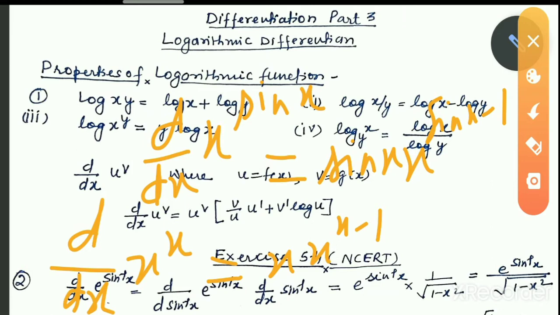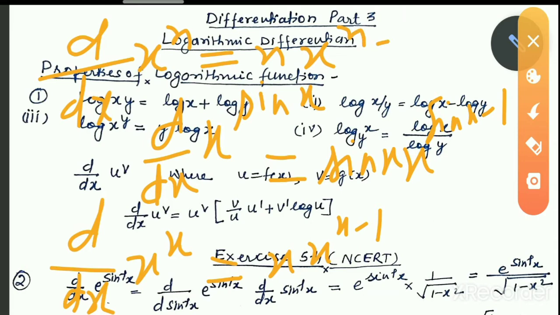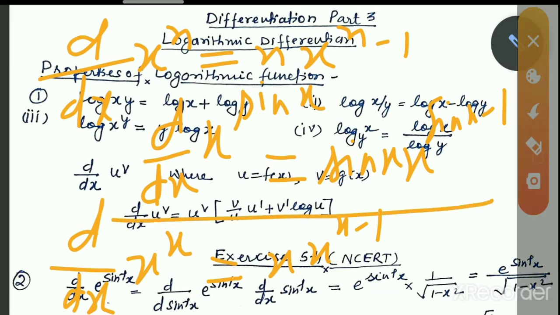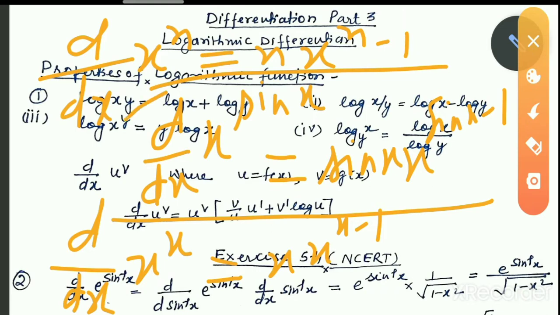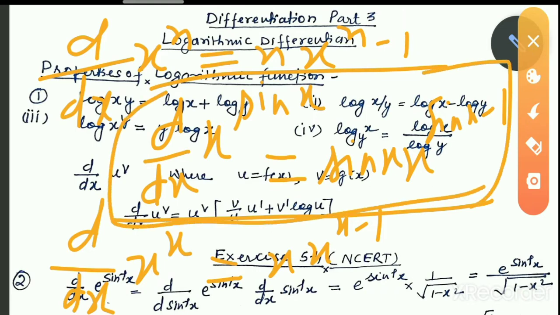Why are they using this? Because in their brain they have fit this formula: d by dx of x raised to the power n is equal to n times x raised to the power n minus 1. So they applied it here because they are not aware of the concept, but this is totally wrong.